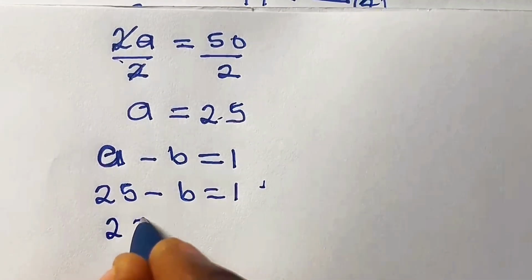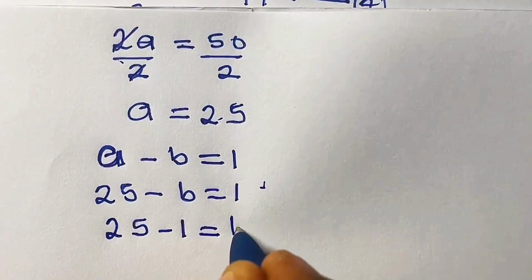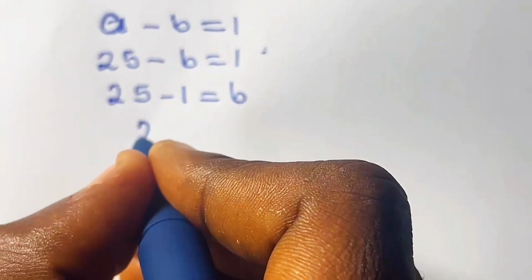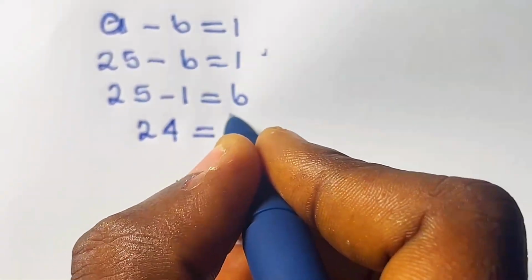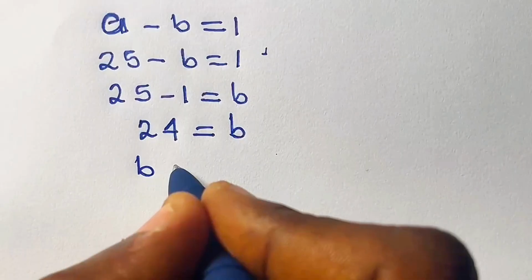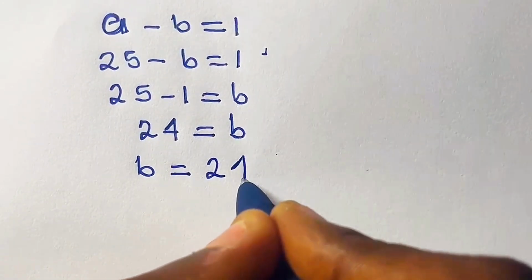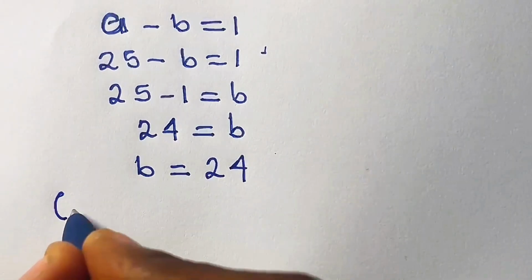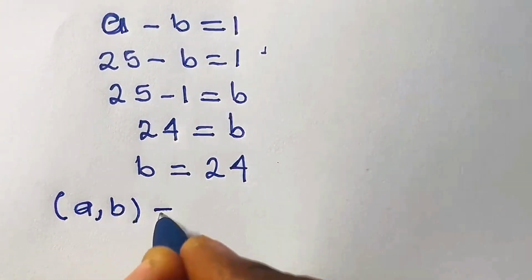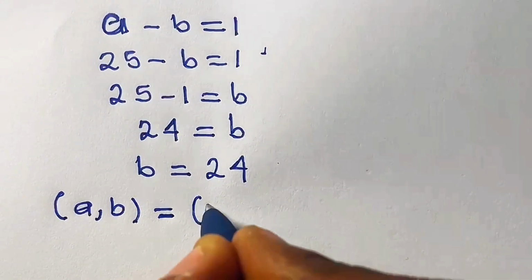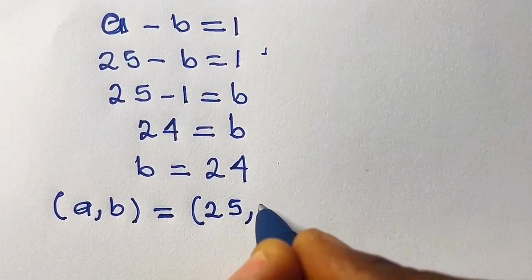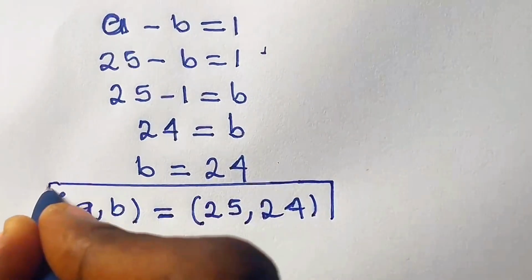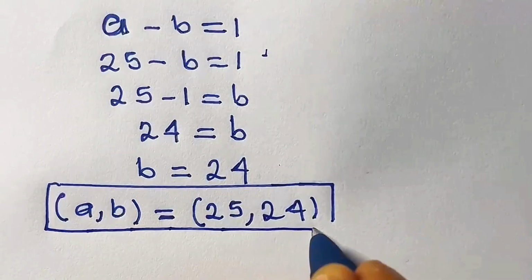So we have 25 minus 1 equals b. So 25 minus 1 gives us 24 equals b. Therefore, our b is equal to 24. So for this second case, we have a comma b: a is 25 and b is 24. This is the solution for the second case.